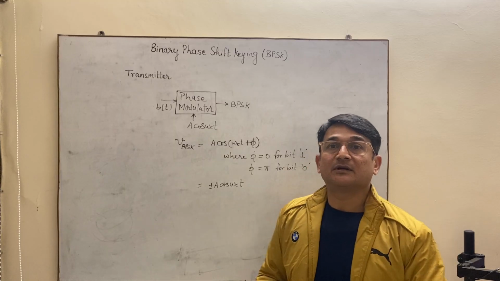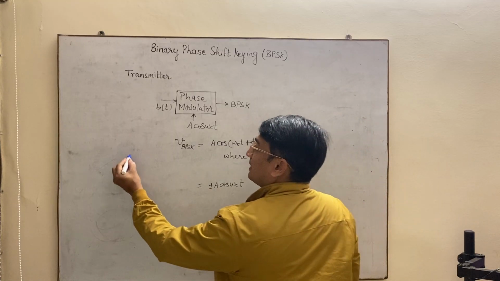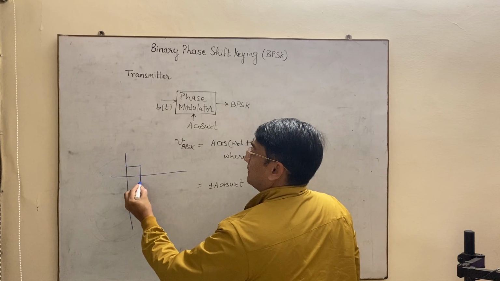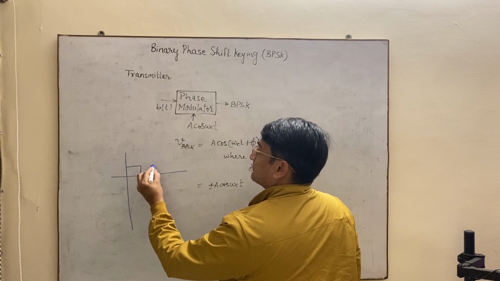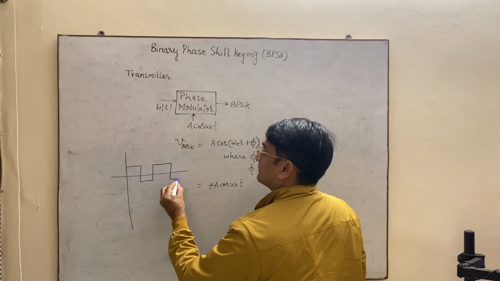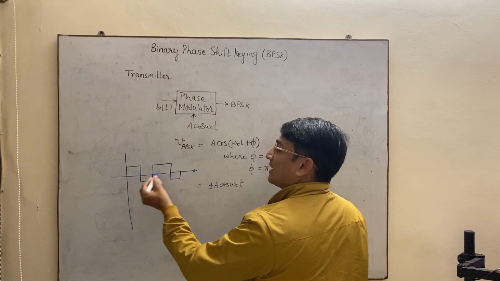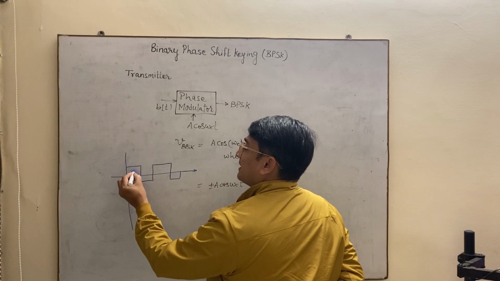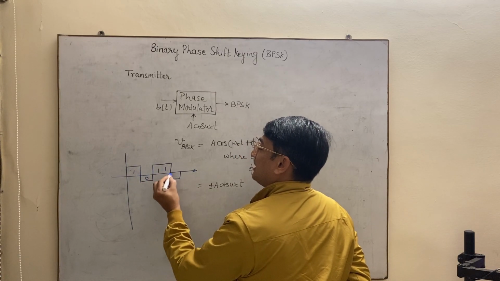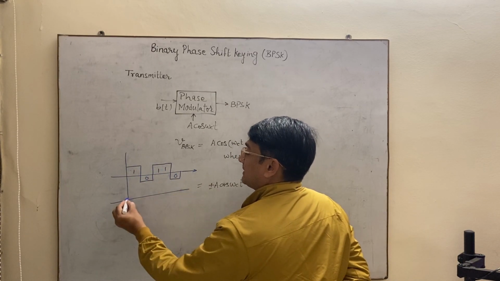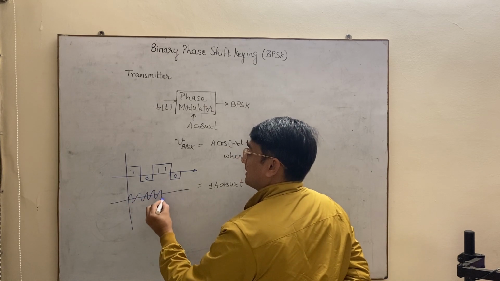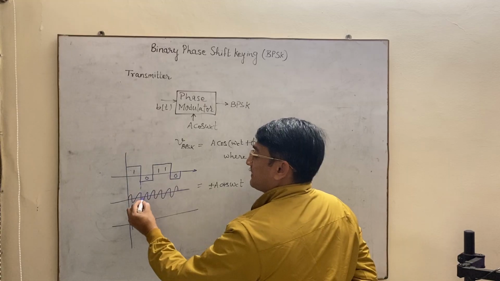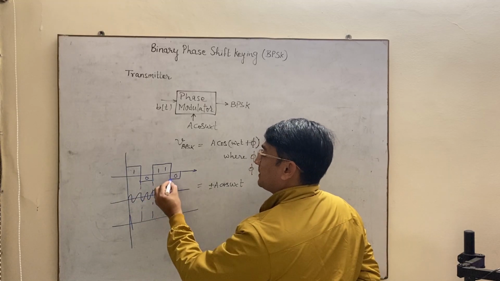Now the bit waveform of this signal, suppose, here I have used bipolar transition. This is bit 1, this is bit 0, 1, 1, 0, and this is your carrier signal. So what will happen when there is a transition from bit 1 to bit 0?